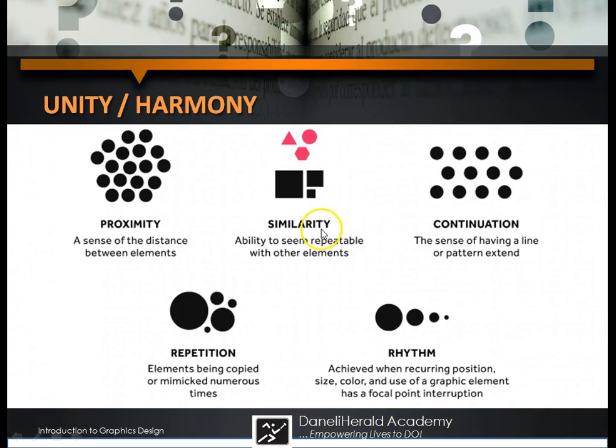The second one is similarity. Similarity is the ability to seem repeatable with other elements. Look at these. If you observe these 2 sets of shapes, you will get that they are grouped according to their similarity.